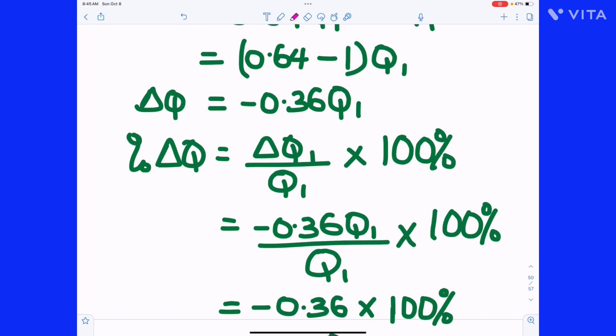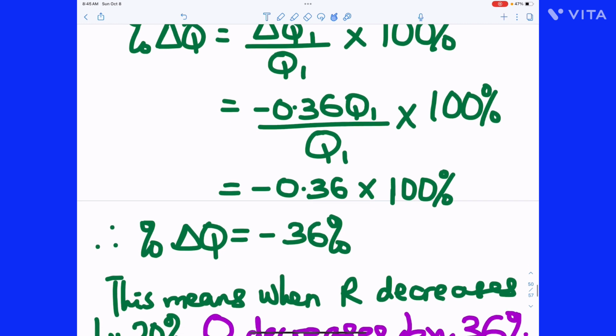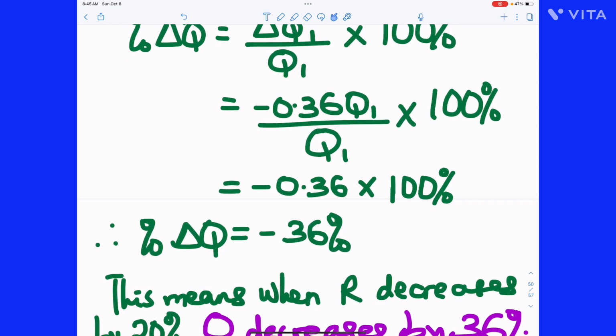So the percentage change in Q will now be change in Q over original Q. Or we can say change in Q over Q1. So that gives us minus 0.36 Q1 over Q1 times 100%.